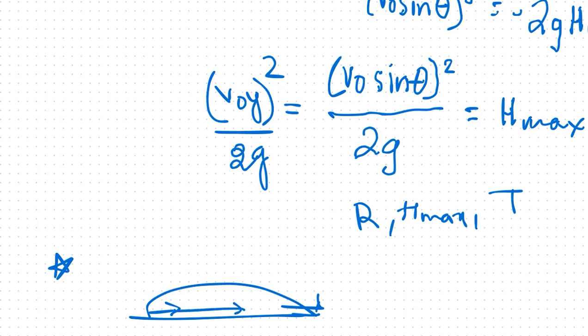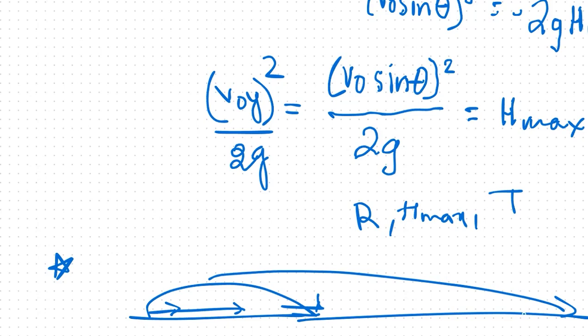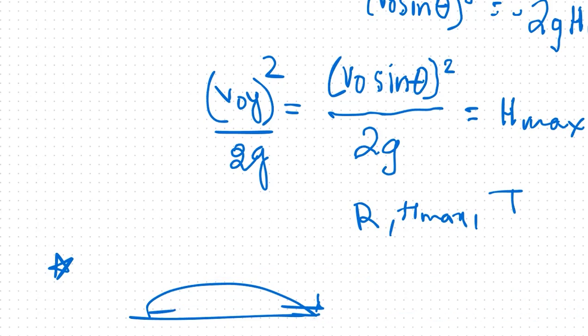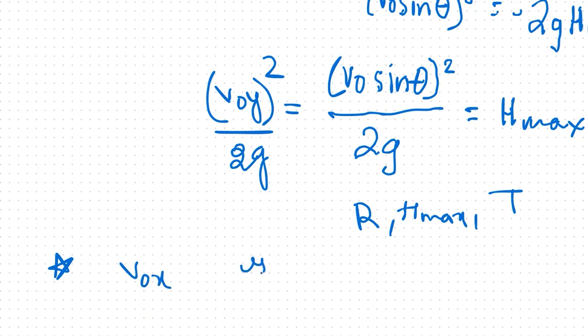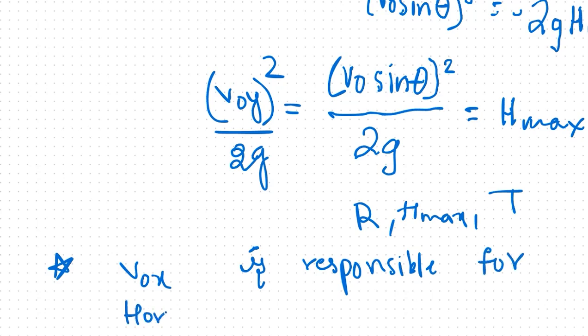If it is big, the range will be big. If small, small. So V naught x determines it. V naught x is responsible for horizontal travel or horizontal range.